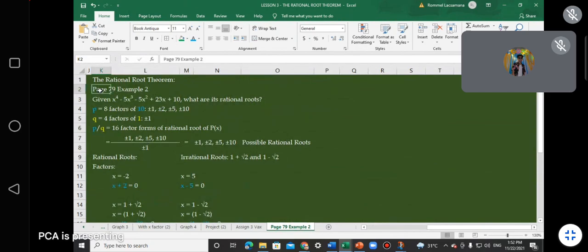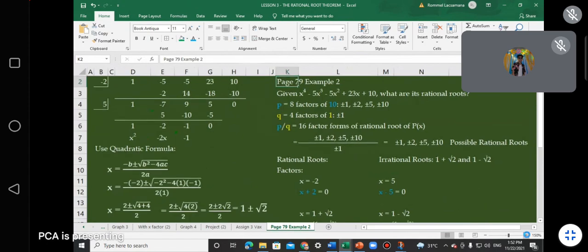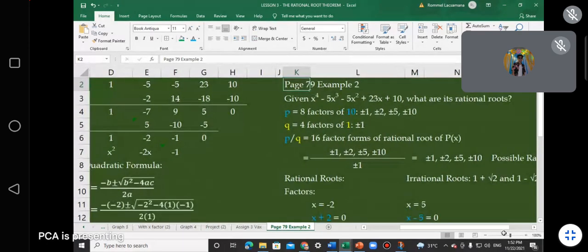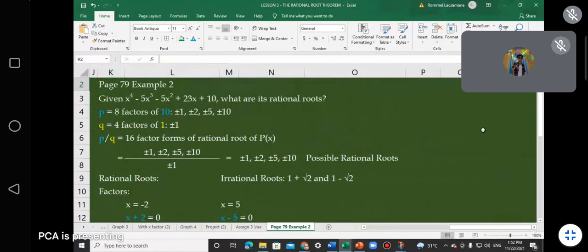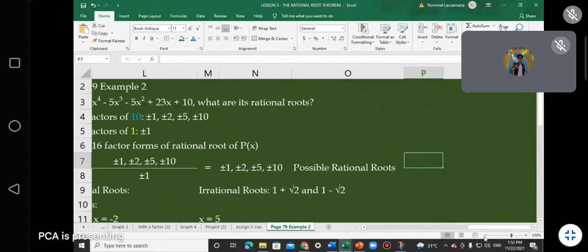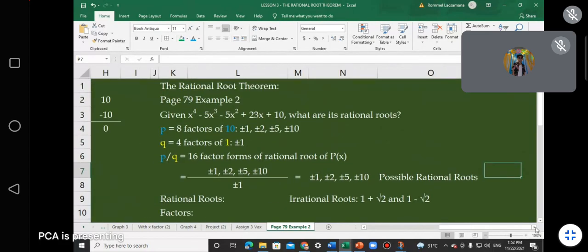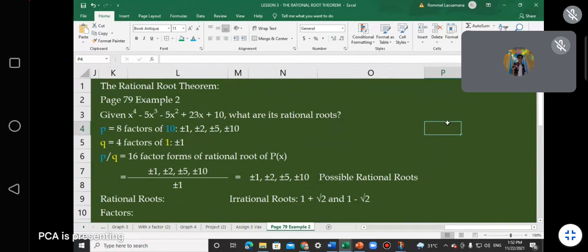Let's go now to your page 79, example 2, and make it large again. If your screen in the Google Meet is not large, zoom it.